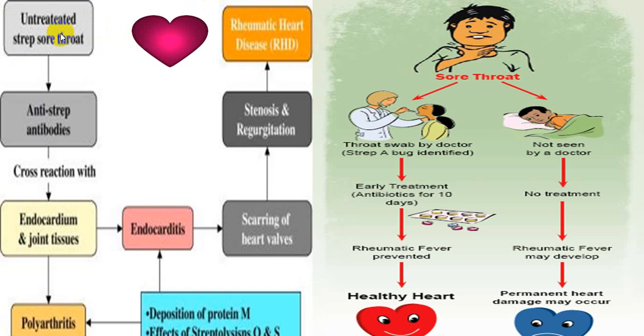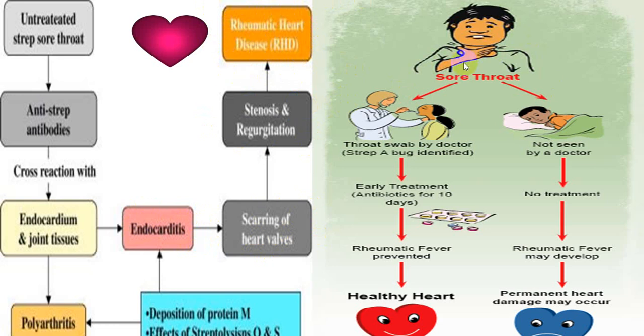Untreated streptococcal sore throat can result in anti-streptococcal antibody which can have cross reaction with endocardium, joints, etc. That endocardial involvement will result in endocarditis and polyarthritis, and because of endocarditis you will get scarring of valvular structures which will end up with stenosis or regurgitation, we call it rheumatic valvular heart disease.